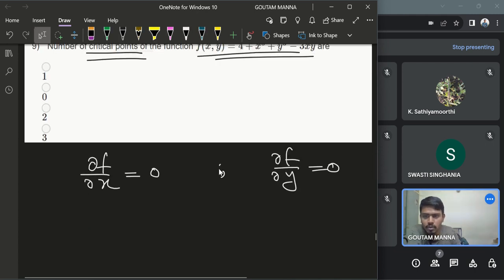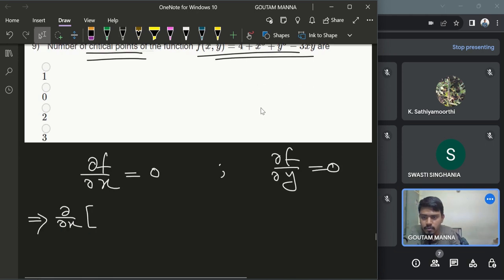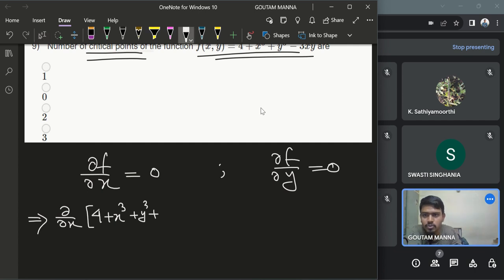So to calculate del f del x, it will be del del x of 4 plus x cube plus y cube minus 3xy, equal to 0.